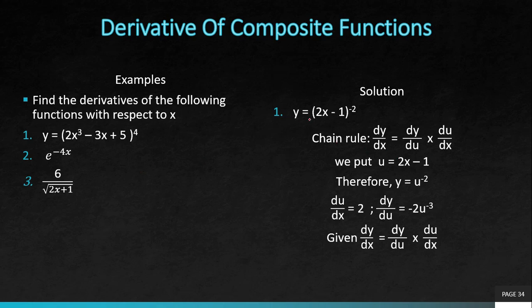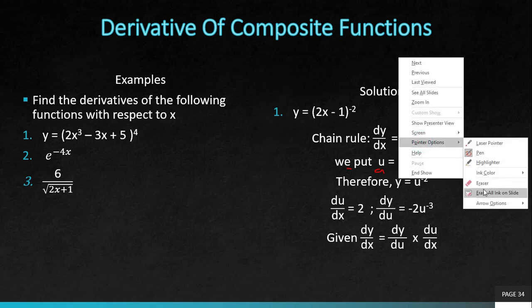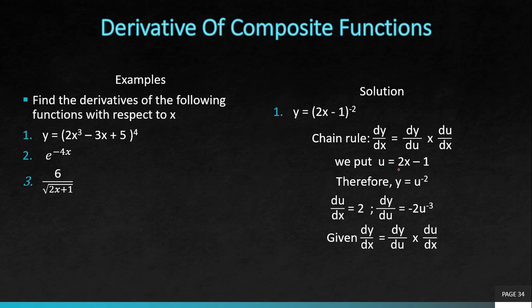Before we do that, using our chain rule, we put u. You can use any letter, but just know that if you change this u to a, it will be dy over da times da over dx. So it's better we just leave it how it is. So u, put u equals 2x minus 1. That's the first function.